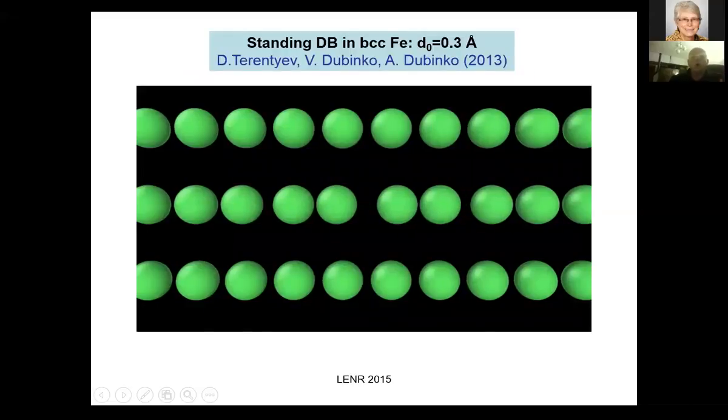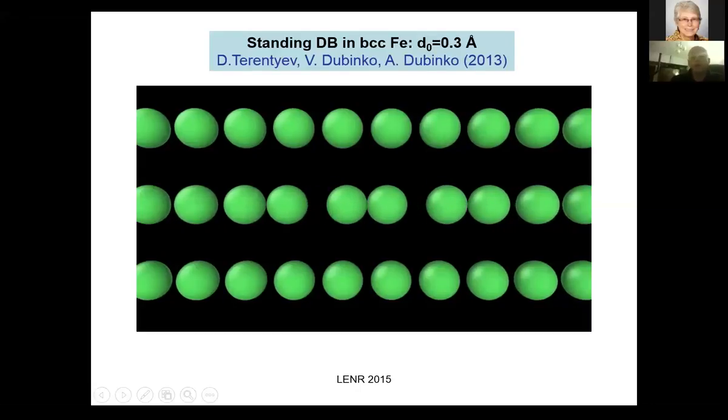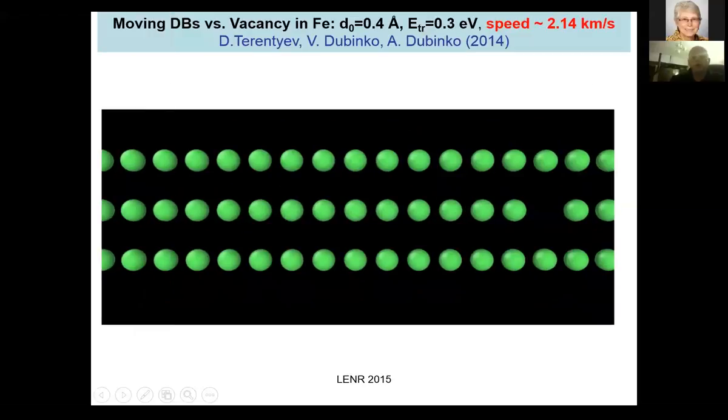Now, with very sophisticated tools, we can show that, for instance, in iron, we can model these localized vibrating atoms by MD modeling, as you see in this animation. And it can be either standing or mobile, like in this one.